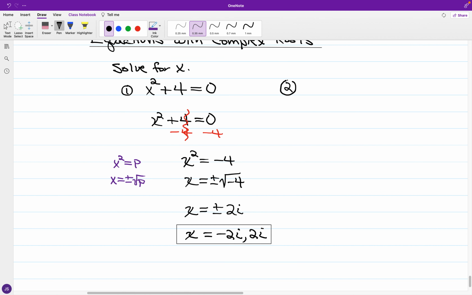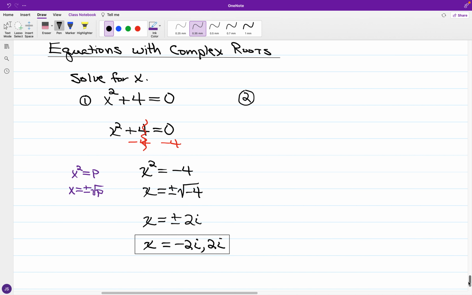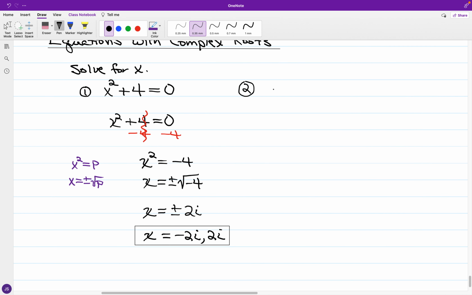I'll give you another case here, touching upon the quadratic formula. Let's say I have x squared plus 3x plus 7 is equal to 0.